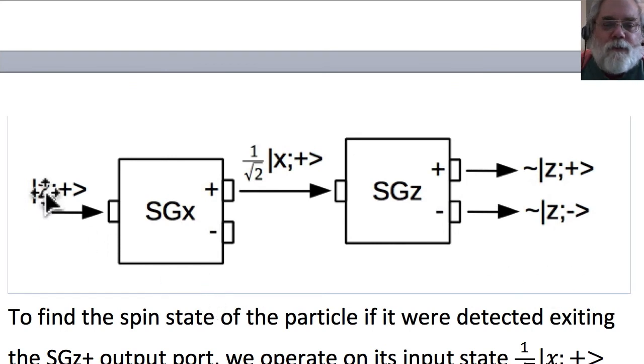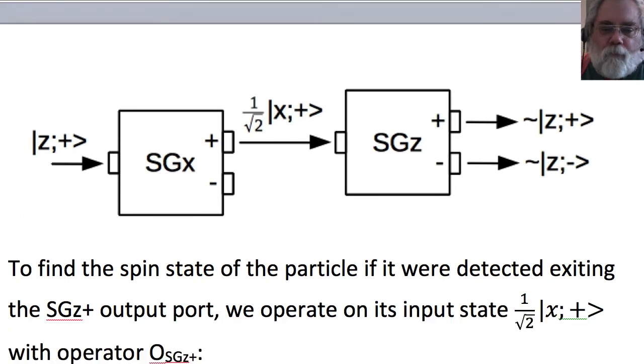So we start with Z plus, we feed it into SGX, we're going to ignore the minus output, we're going to take the plus output, which we already know the state. The state is 1 over square root of 2 x plus, we know that already, so we're not going to recompute that. We're going to feed that into an SGZ machine and see what are the plus and minus outputs.